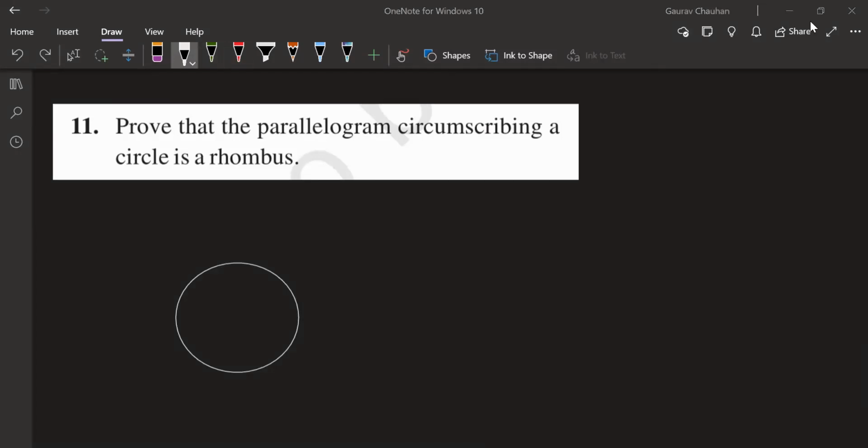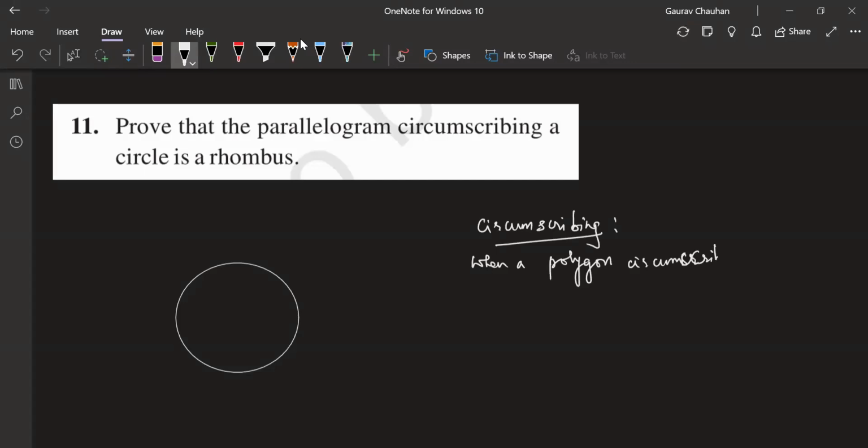Yes, sir. Okay, let's not simply say lies inside. So let's write this down. Circumscribing ka meaning: when a polygon circumscribes a circle, it means that all its sides are touching the circle.